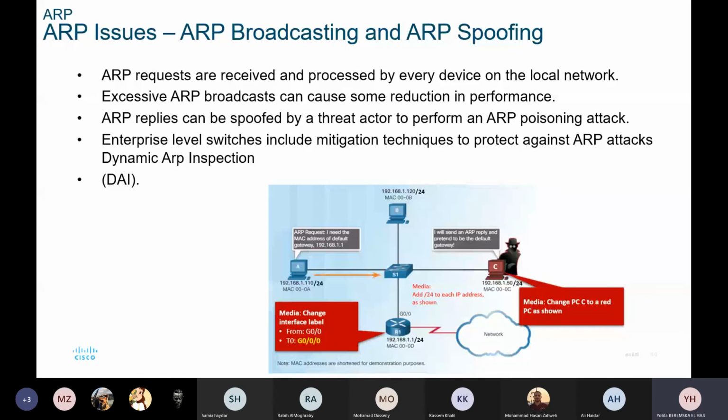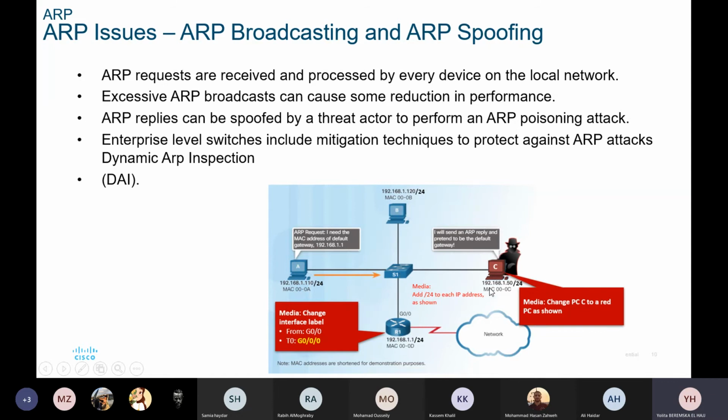There is something that we have to take into consideration if we talk about security. When end devices want to discover MAC addresses, they usually send an ARP request broadcast. That means all devices connected to the domain or to the switch could receive this broadcast message or ARP request.